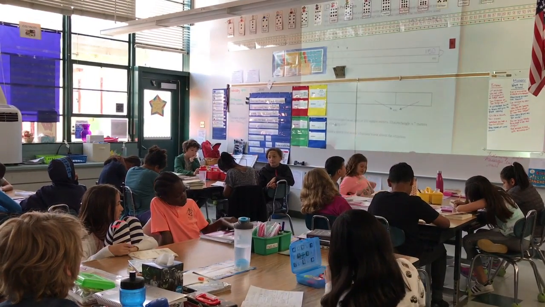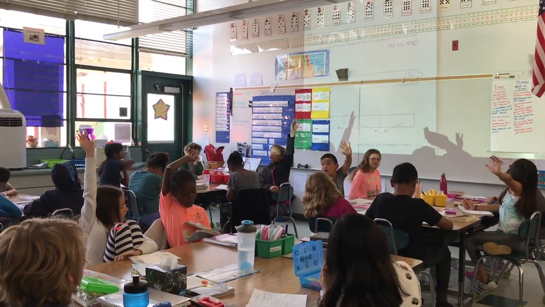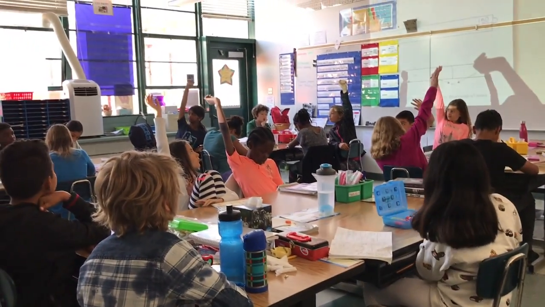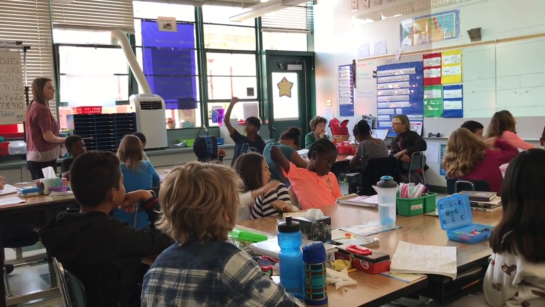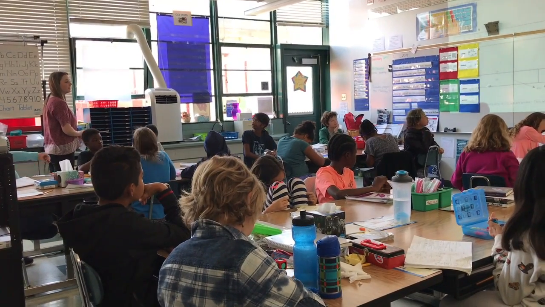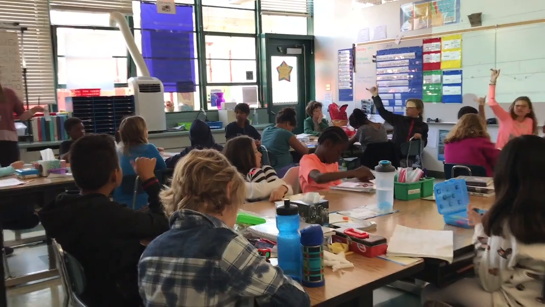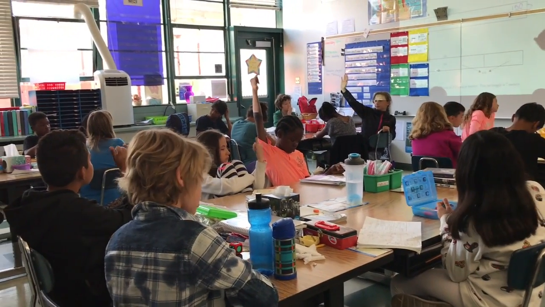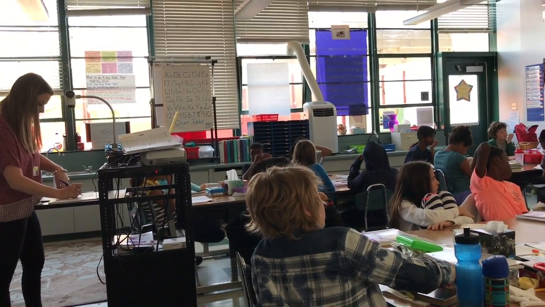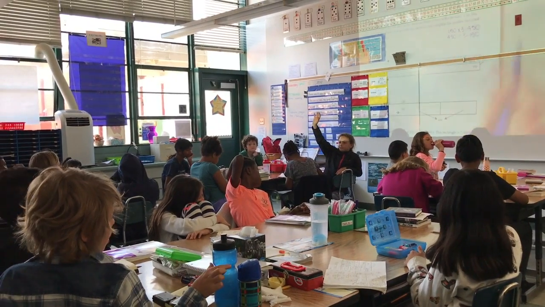What do we think the division problem would be for that? Ariana. I think it would be 450 divided by 3 equals 150. Everyone agree? So 450 divided by 3 equals 150.